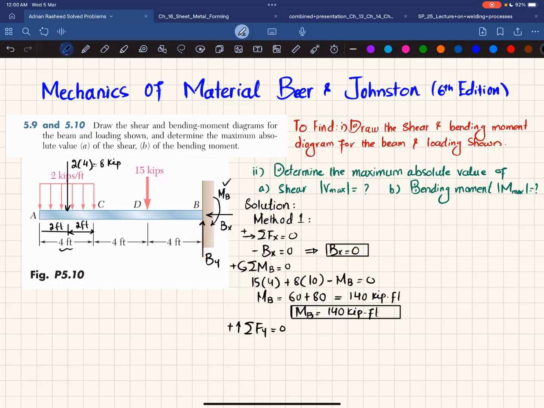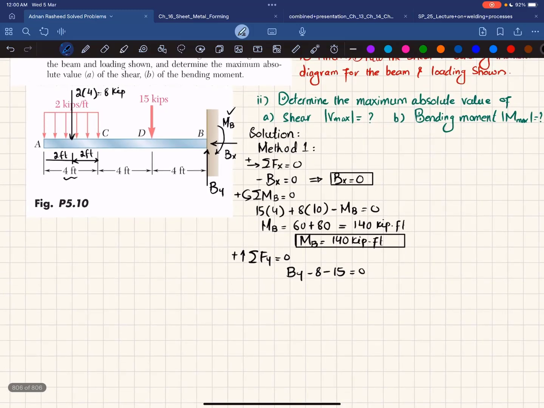So I can write plus By minus 8 minus 15 is equal to 0, which is By minus 23 equal to 0, and By will be equal to 23, and the unit will be kip.